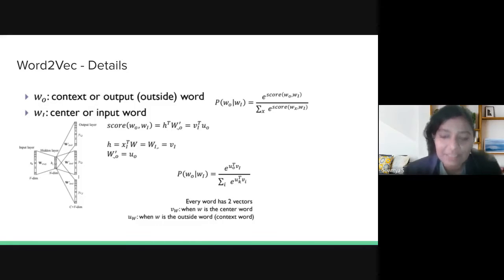This differentiation helps us in training the network, but as we saw before, we can use either of the representations, whether it is a center word or a context word, because this weight will involve some of the context information, and the context weights will involve some of the so-called center word representation. And of course, we can take the best of both worlds and take the average.